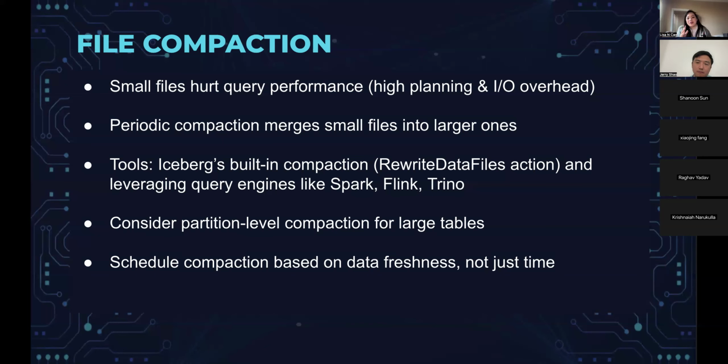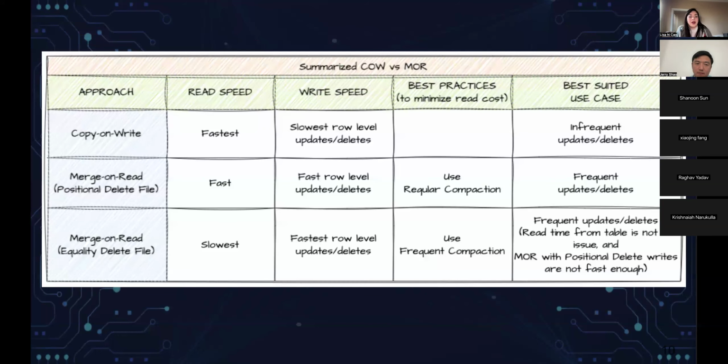You can do compaction at the partition level if you're working with really large tables, or you can schedule compaction based on data freshness, instead of constantly running compaction jobs that might be more expensive and not worth your time. Which gets us to two different strategies you'll have when working with Iceberg.